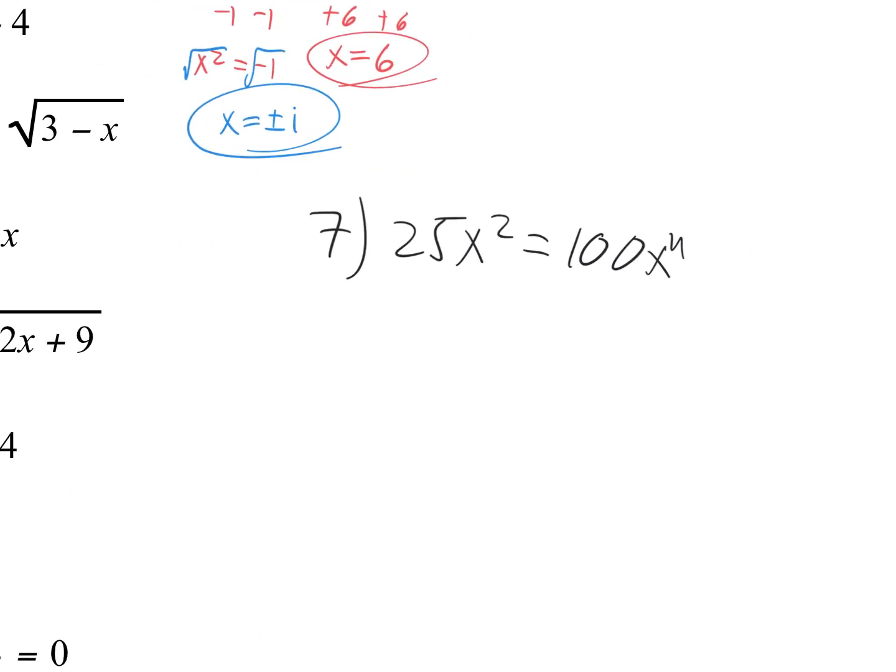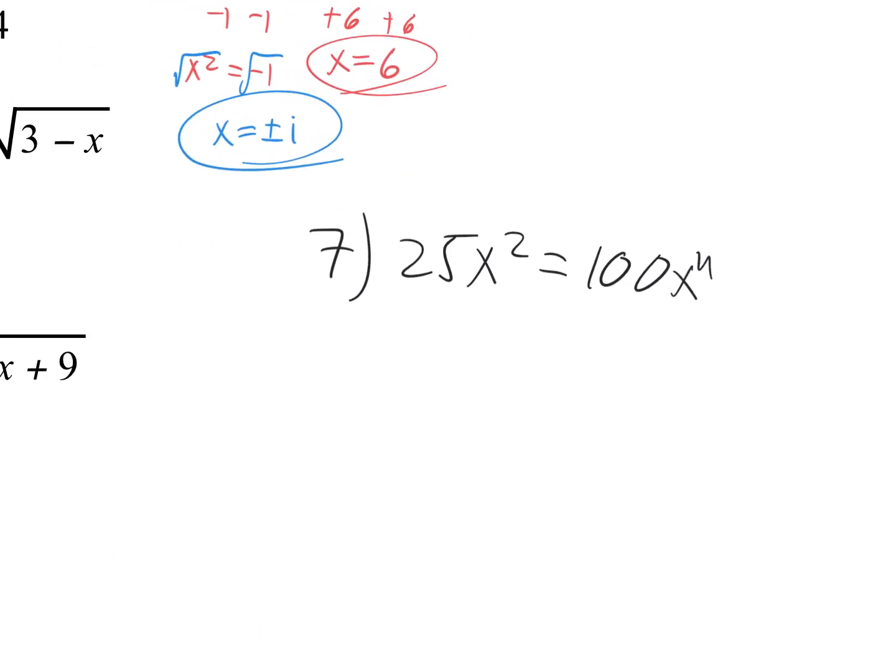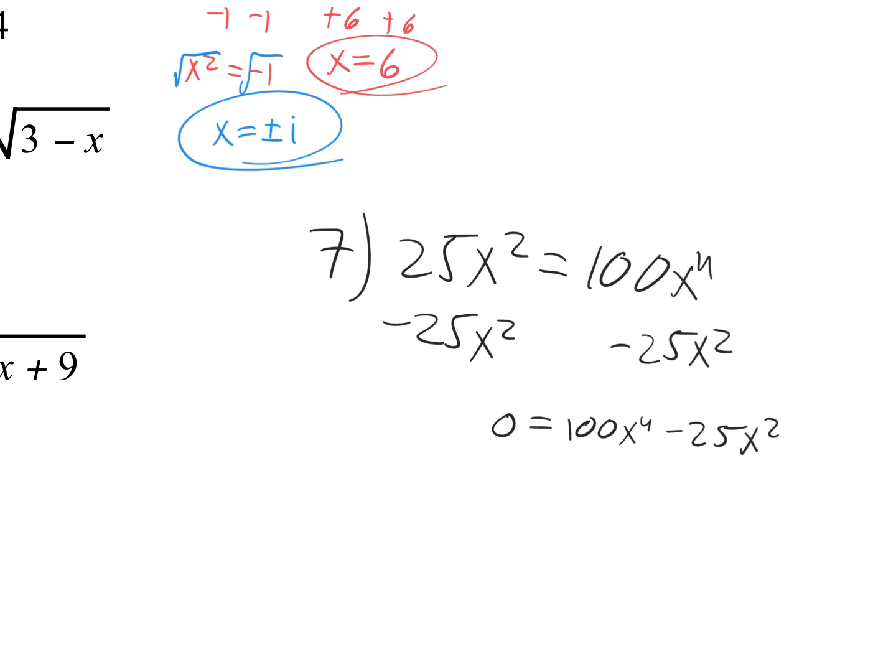So the first thing we want to do is make sure it's set equal to what? 0. Let's set it equal to 0. I'm going to subtract 25x squared from both sides, and then you get 0 equals 100x to the 4th minus 25x squared. Now that it's equal to 0, we can factor. What can we factor here?